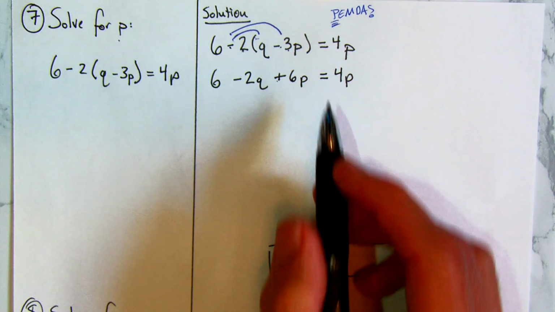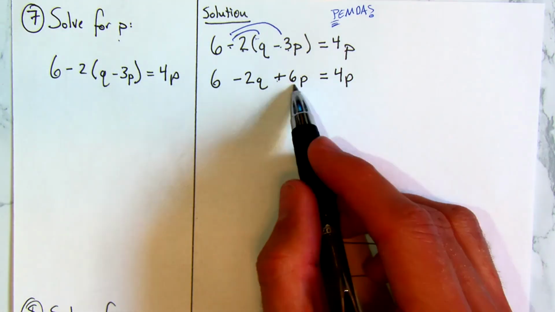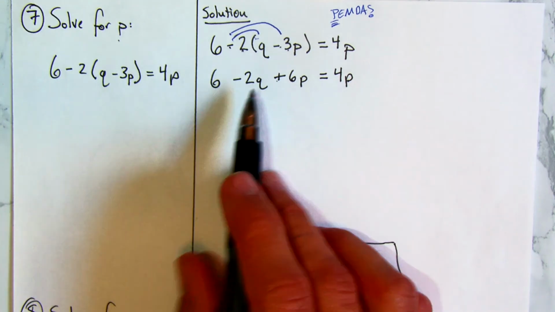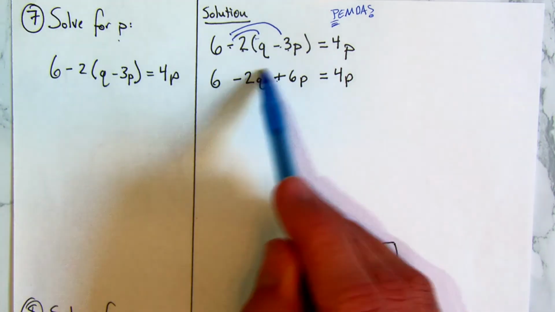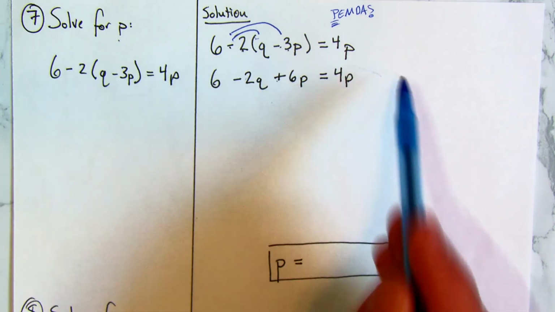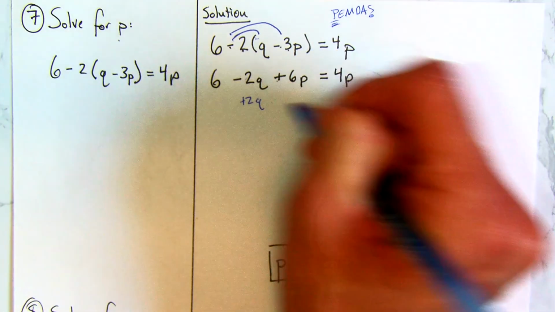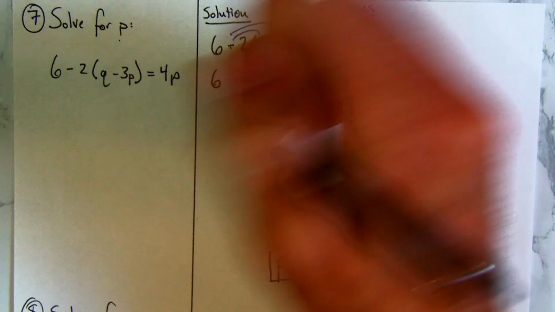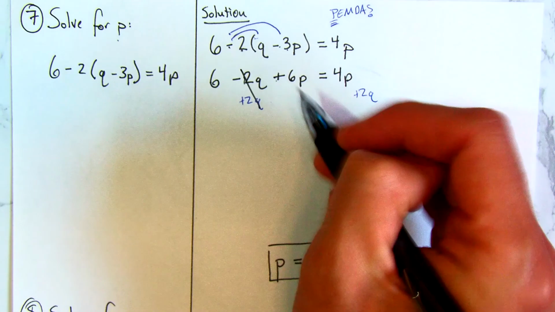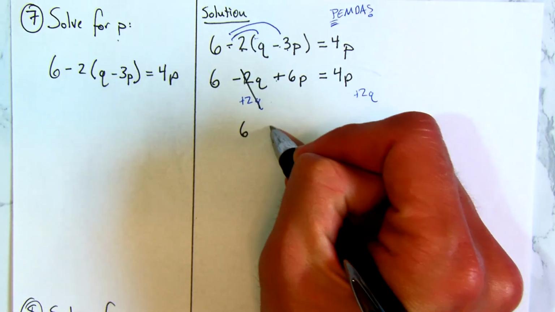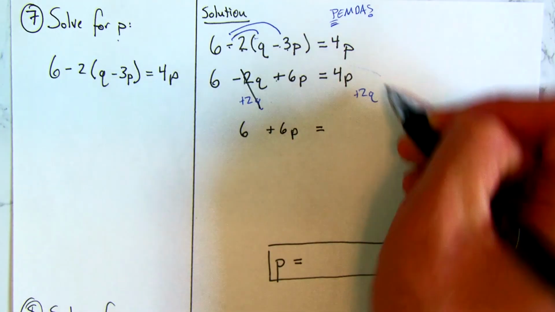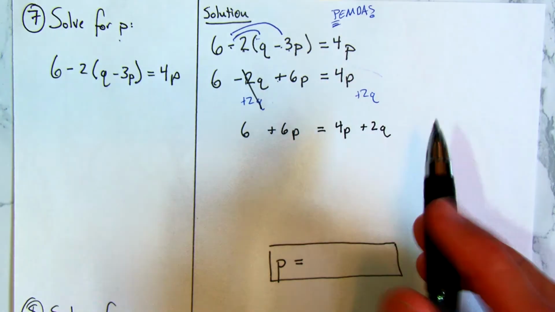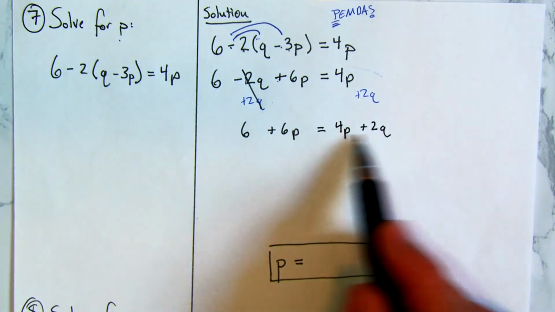Okay, so we've got a p on each side. That's something new. Let's start moving these terms that are not p over to the right hand side. For example, let's add 2q to each side. So we have 6 left over. 6 plus 6p equals 4p plus 2q, not like terms, so write them side by side.